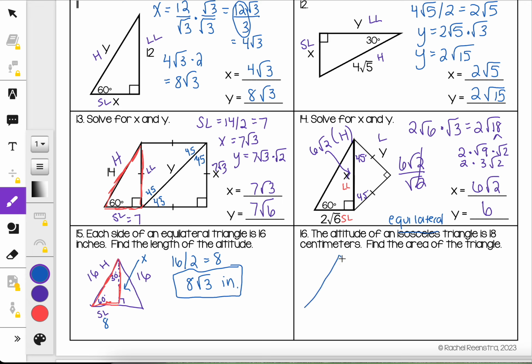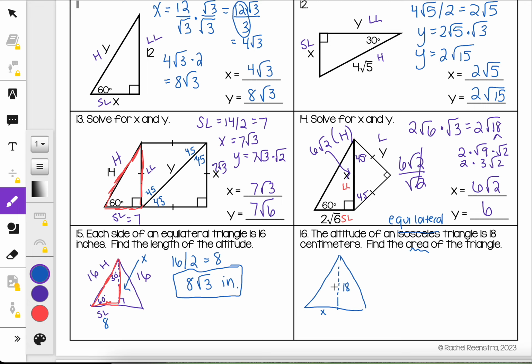So now I'm given the altitude of this equilateral triangle, and I want to find the area. Okay, so if I'm finding the area of this triangle, I need 1/2 of the base times the height. So I am going to need to know what the length of my short leg is.